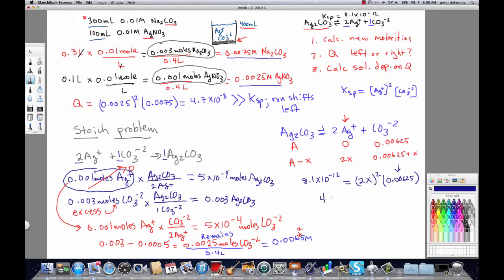To simplify, we're going to have 4x squared times 0.00625, and that's going to be equal to 8.1 times 10 to the minus 12th. So going ahead and simplifying, our x value then is going to be equal to 1.8 times 10 to the minus 5th.